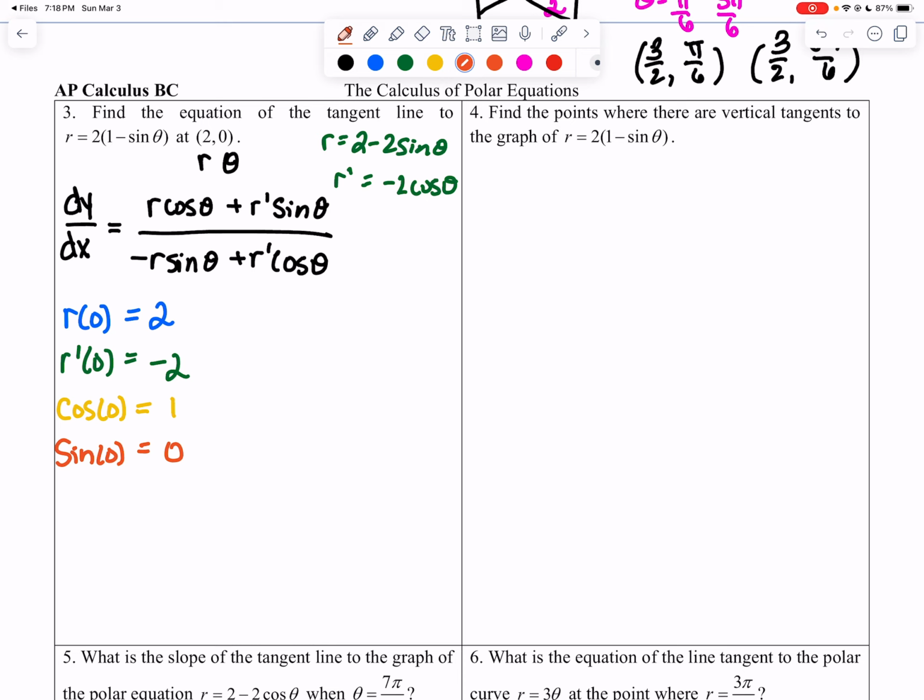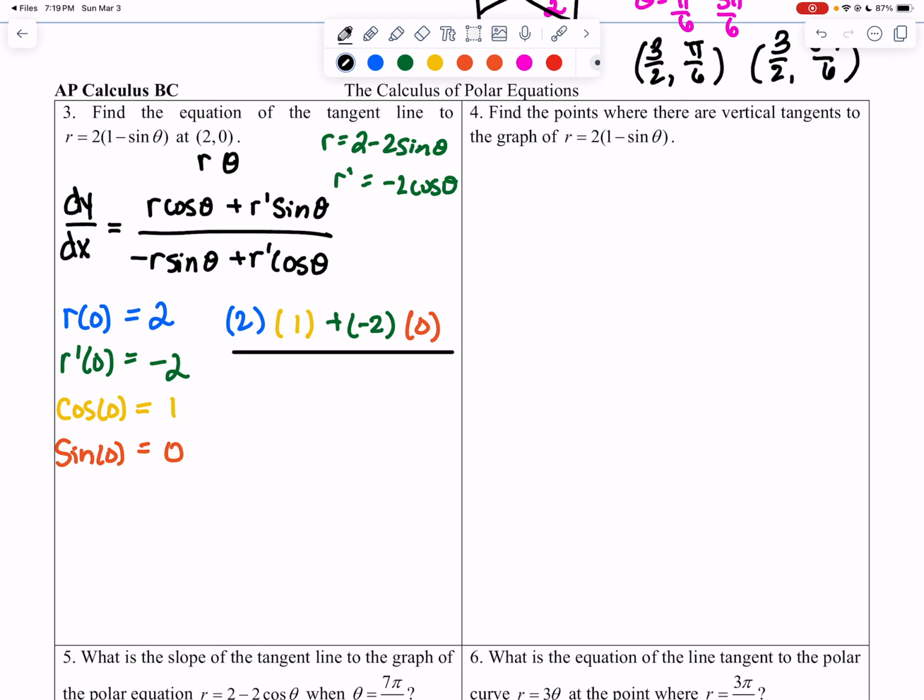Okay, what we're going to do now is just plug in and check everything we know. So we have 2 times cosine of 0, which is 1. r prime of 0 is negative 2, and sine of 0 is 0.